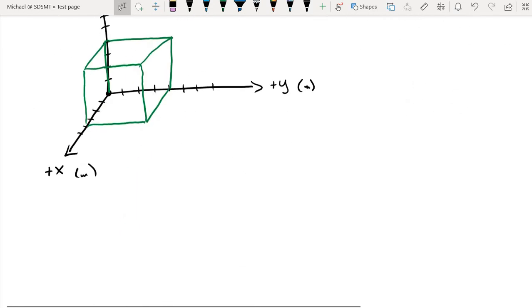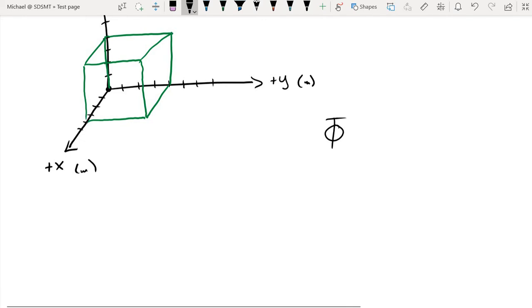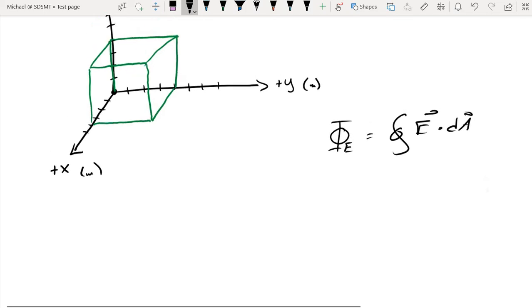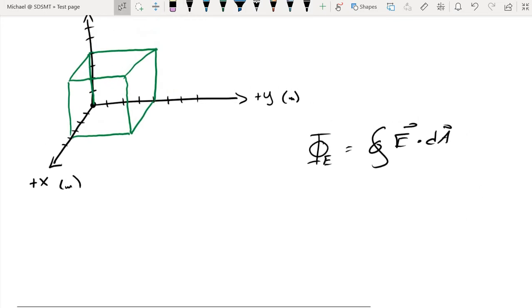Well, we need to take this idea of flux as a closed surface integral, and we're going to back this up a little bit. Remember that the integration process is really just a means of addition. It's just a way of summing things up.